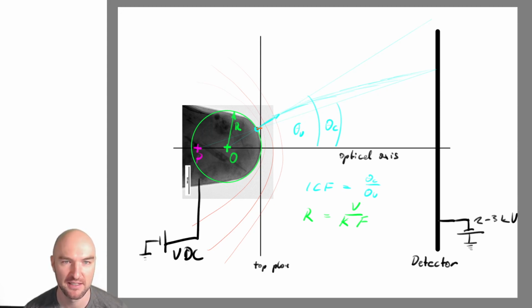So this is a field desorption map movie from an aluminium specimen, and what you can see is that the image gets larger as the evaporation voltage goes up, as the evaporation progresses.